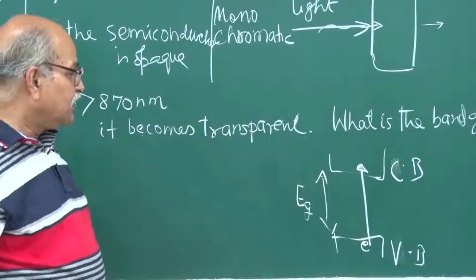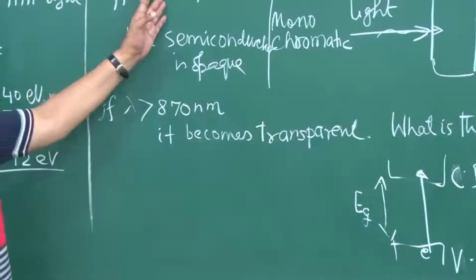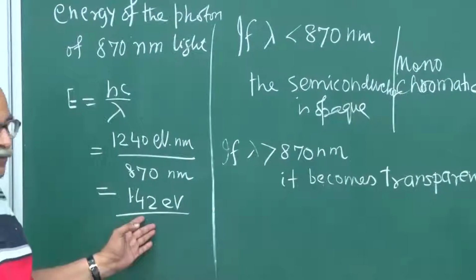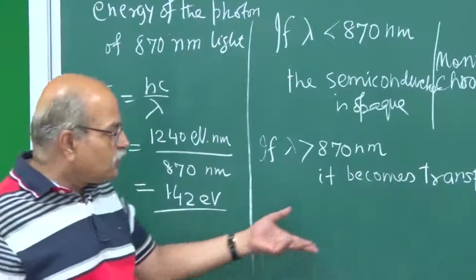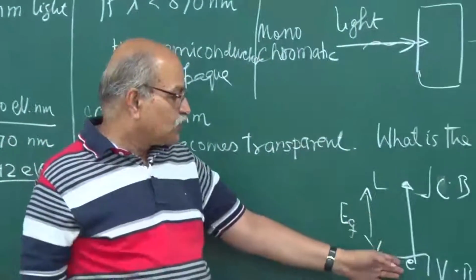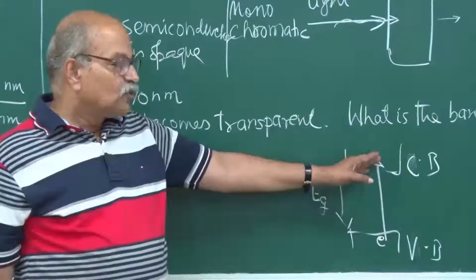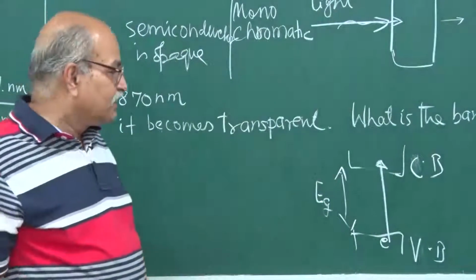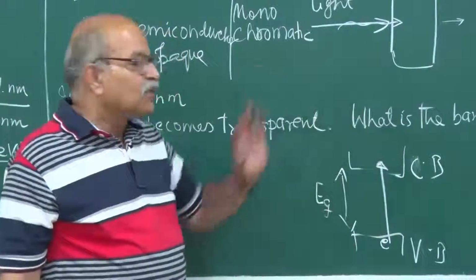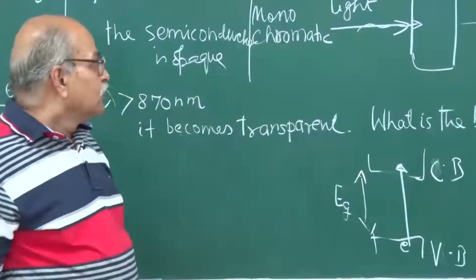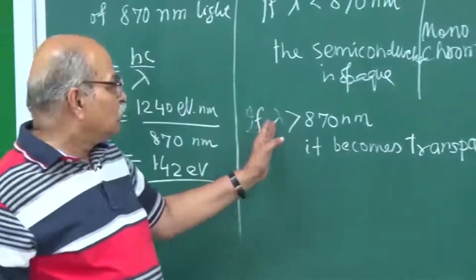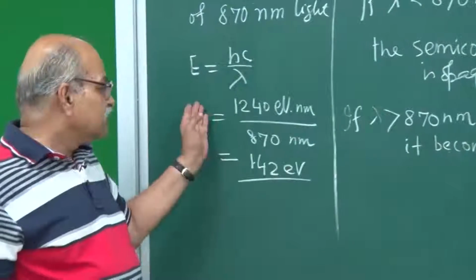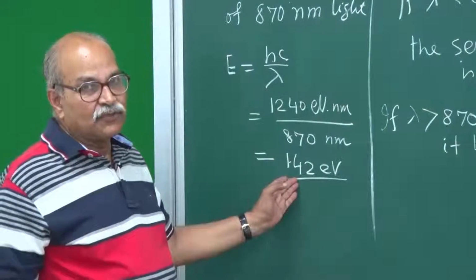Right? And if the wavelength is still smaller, the photon energy is larger than 1.42 eV, then also this photon can get absorbed and this electron can go here, and some energy will be dissipated as thermal energy. So this process is possible. But if lambda is more than 870 nanometers, the photon energy will be less than 1.42 eV.